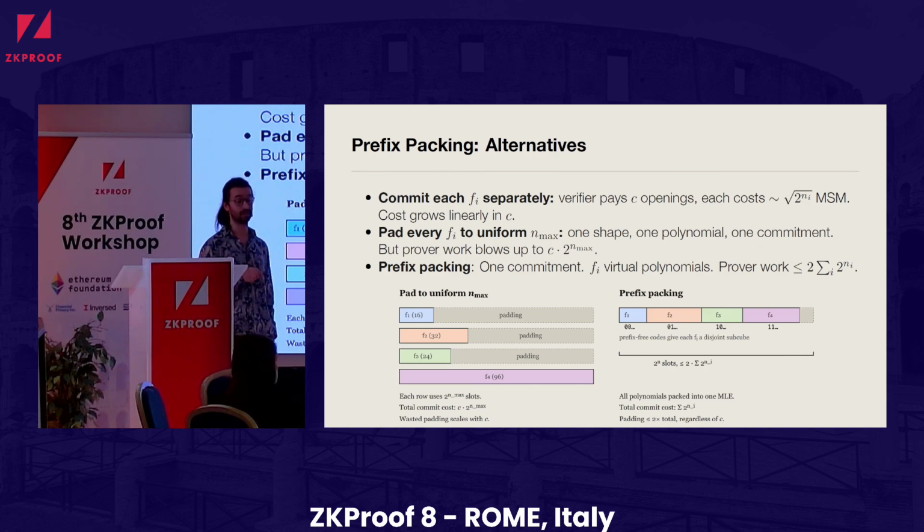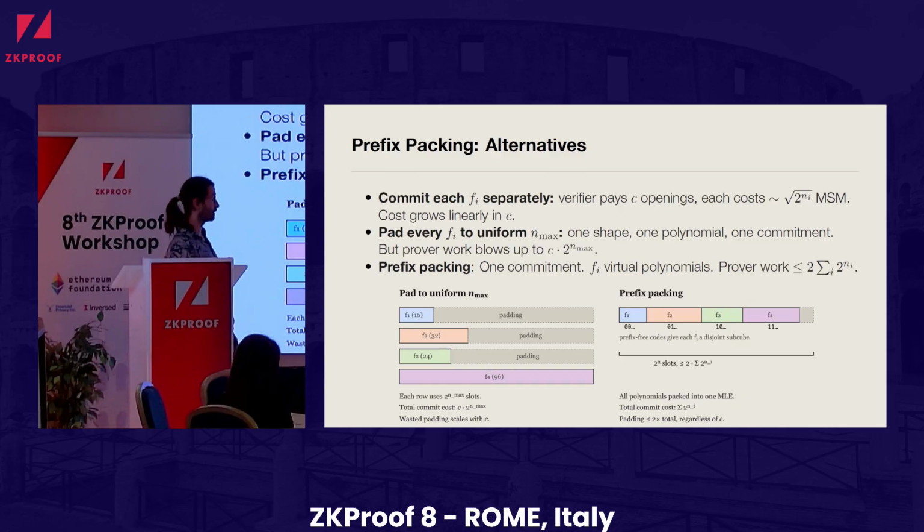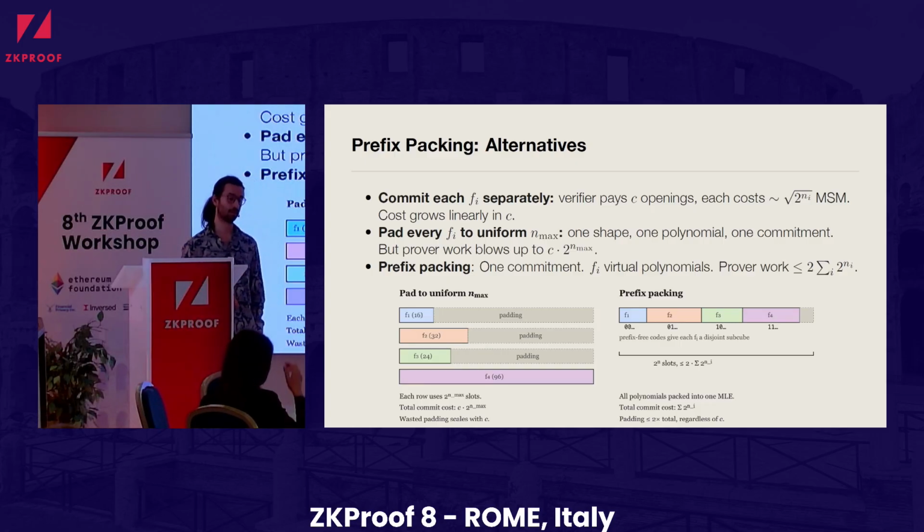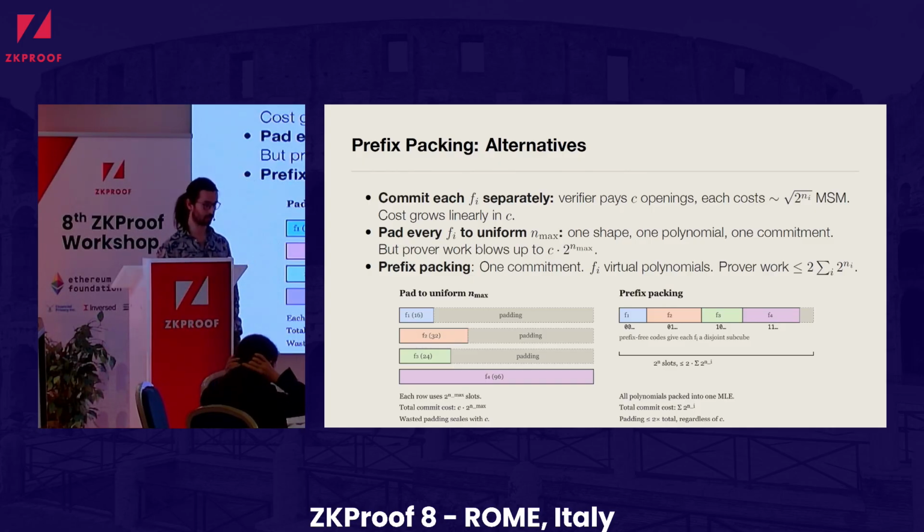In this case, we achieve one shape, one polynomial, one commitment, but the verifier is also linear in C, and in particular is quite more expensive than we would like. So this work shows a different approach called prefix packing, and we achieve all that we want, which is one commitment. We treat these f_i as virtual polynomials, and the work is less than 2 times the sum of 2 to the power of n_i.